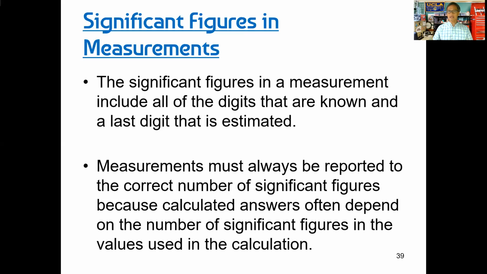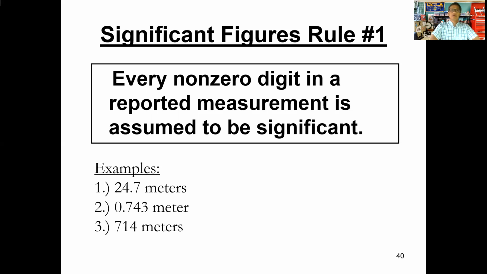However, if we are given a measurement, how would we know the level of precision of that particular measurement? It comes down to a set of rules that we, the scientific community, have agreed upon.